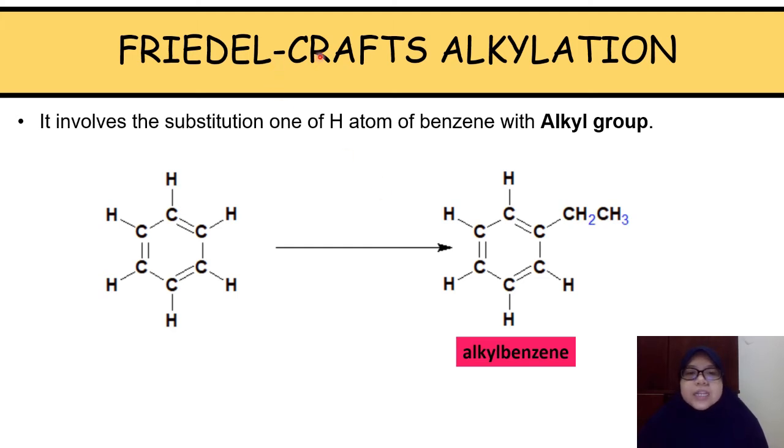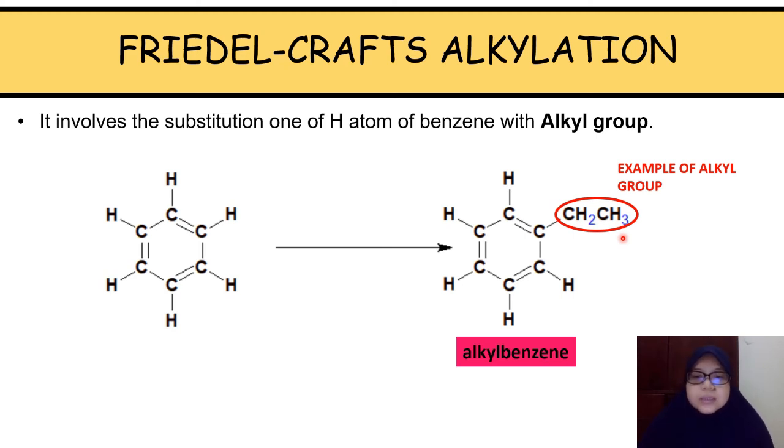And then Friedel-Crafts alkylation involves the substitution of one of the hydrogen atoms of benzene with an alkyl group. For example, the alkyl group that we want to substitute the hydrogen with is CH2CH3. This is an example of an alkyl group.